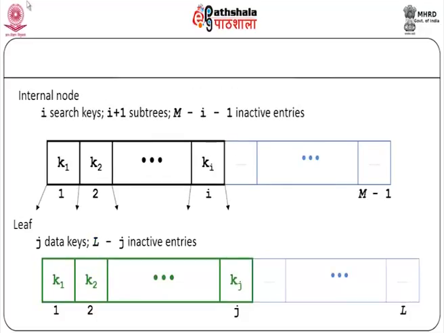So, if you take an internal node, the internal node has i search keys and i plus 1 subtrees. Okay. So, m minus i minus 1 inactive entries also you can have. So, if it is an m-way tree, you need not contain everything, is it not. Similarly, j data keys and L minus j inactive entries. So, this is what basically the node will look like.